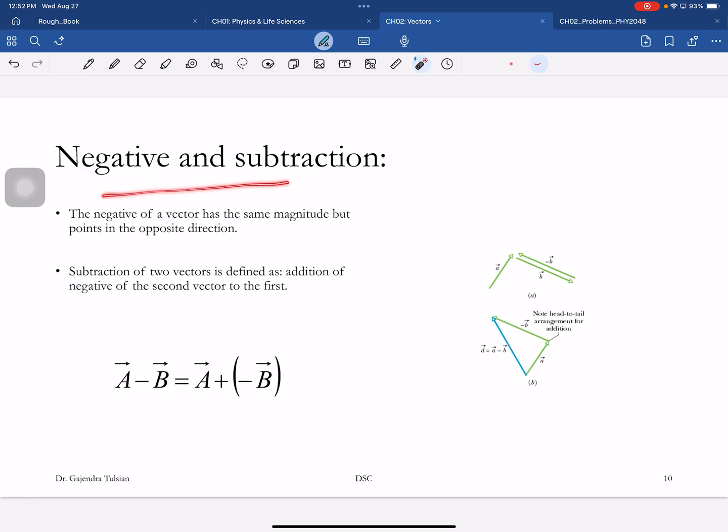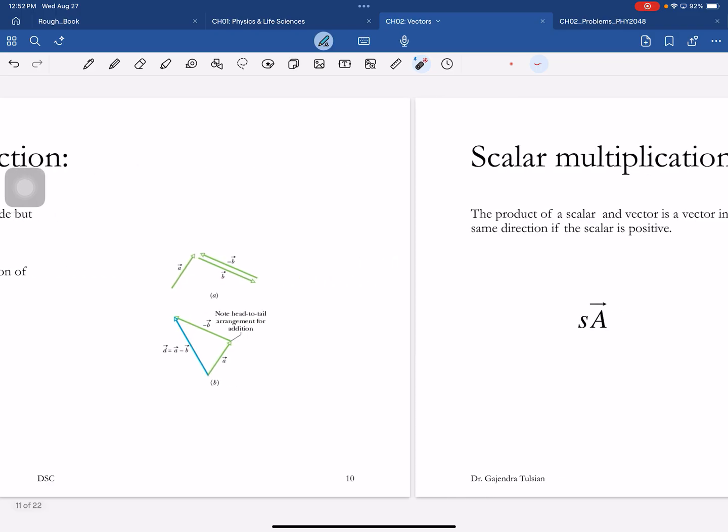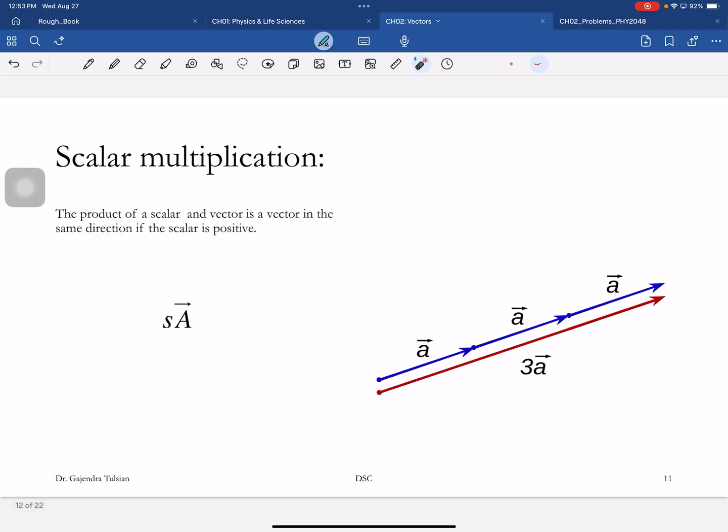You already know how to subtract vectors. Subtracting vectors is really about defining what the negative of a vector means, and then you're just adding the negative of the vector. B is that vector, the negative B is that one. Scalar multiplication, what does that mean? You're multiplying a vector by a scalar.